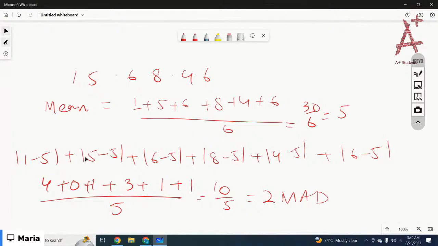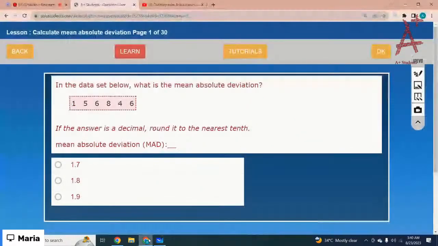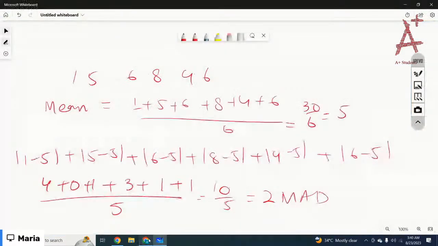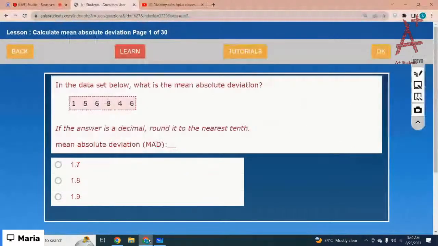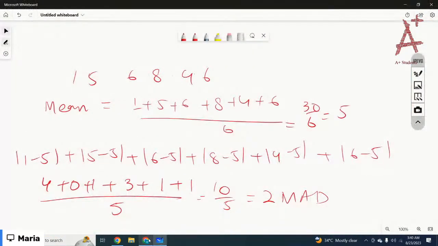1 minus 5, 4, 5 minus 5, 0, 6 minus 5, 1, 8 minus 5, 3, 4 minus 5, 1, and 6 minus 5, 1. But I did all the values the same. What's wrong? 1, 5, 6, 8, 4, 6. Let me just see.